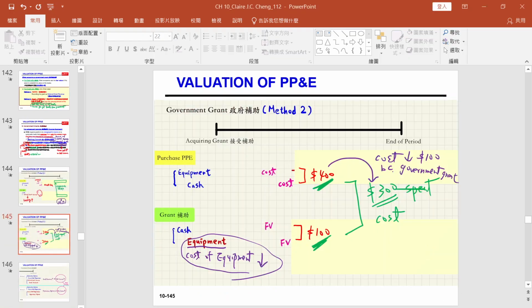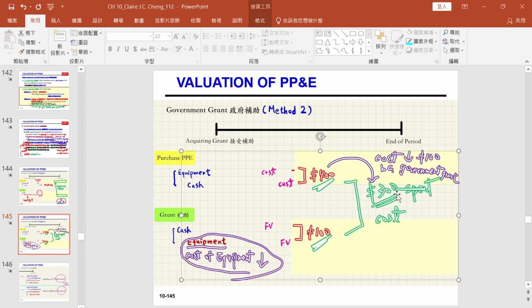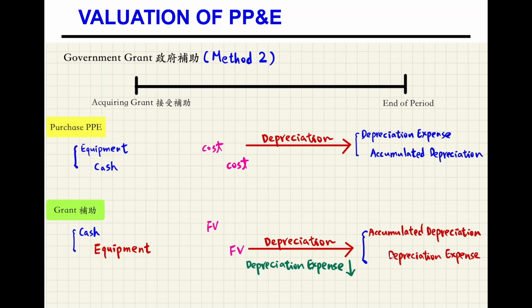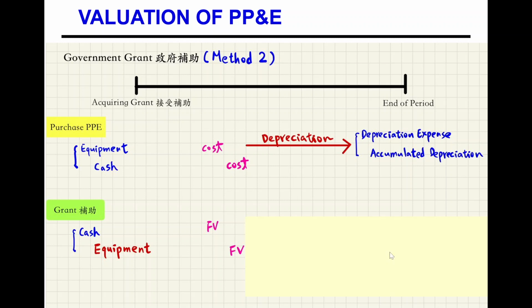So how about the following periods? For your equipment depreciation, no problem, right? How about this one? Equipment on credit side means decrease, right? So means what? Just opposite situation, right?